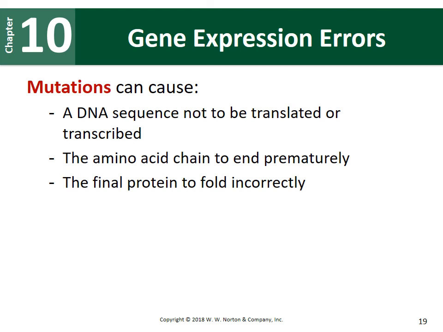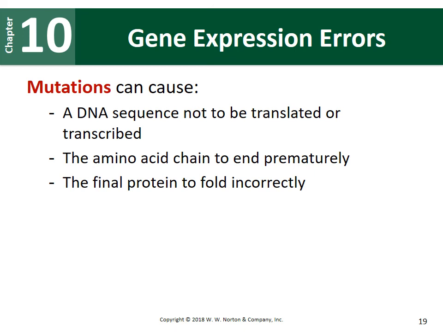So DNA sequence that is mutated may not be able to be translated or transcribed. We could end up with an amino acid chain that ends prematurely, so it doesn't get fully formed during the translation process. Or if we do end up with a final protein, it can fold into its 3D shape incorrectly.